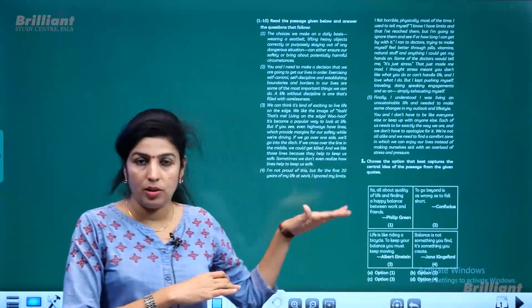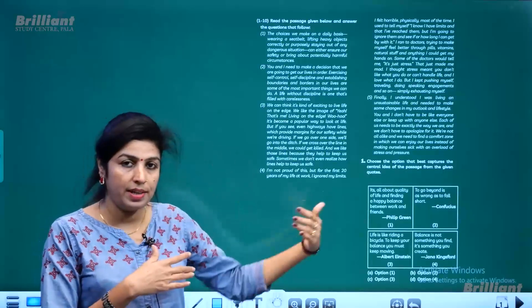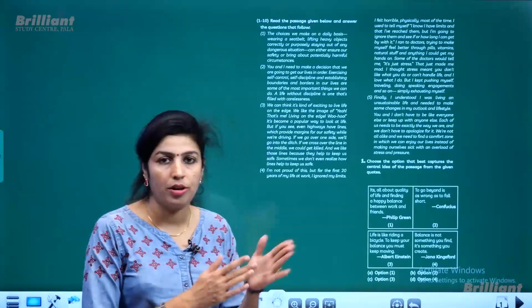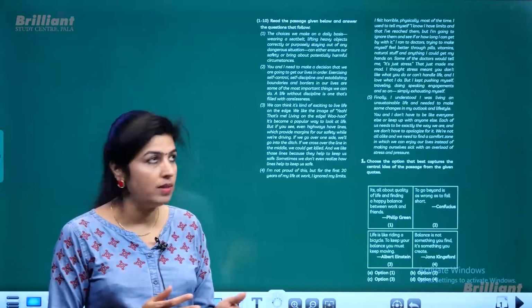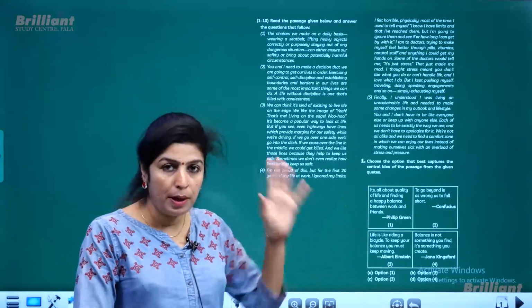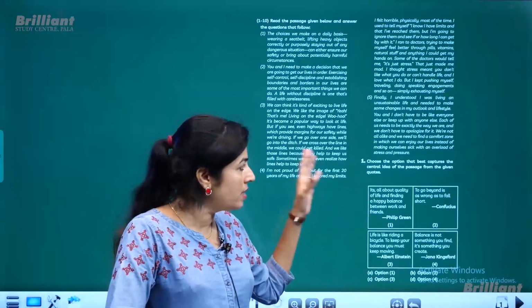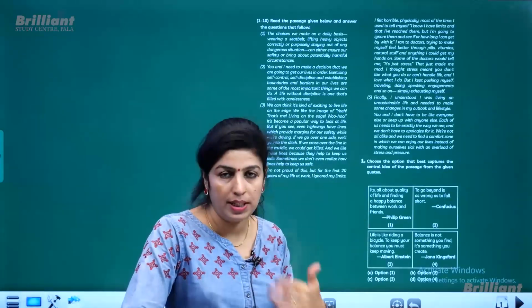In today's discussion session we have samples for descriptive and factual ones, but the first passage, based on which we have a set of 10 questions, is narrative in tone and style.